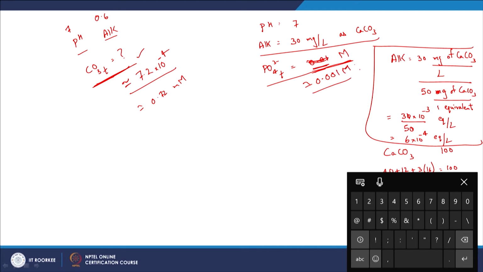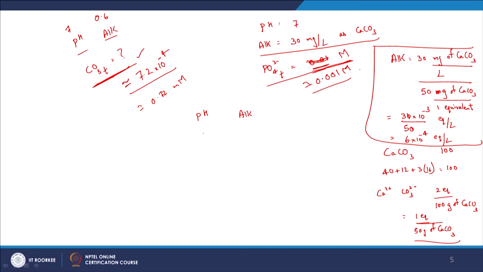So again, manually we saw how to do that. So again, let's summarize pH and alkalinity. We plugged them in initially, right? And then we ended up from this particular information calculating CO3 total, and we already have PO4 total, right? And using this information, and also fixing the pH at the given value, which was pH 7, I then ended up calculating all the species concentration, and what were they?